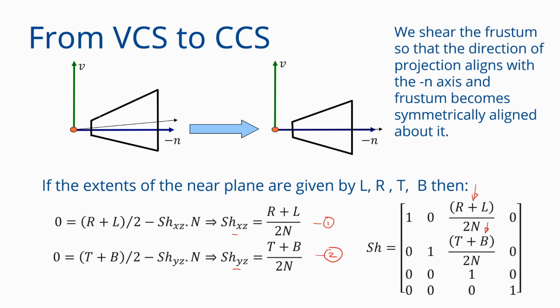If you apply this shear to your starting view frustum, you will get a view frustum that is now symmetrically aligned about the n-axis. Okay. So the n-axis intersects the near plane and the far plane at right angles, right? So this angle is still 90 degrees, and it now passes through the center of the near plane and the far plane.